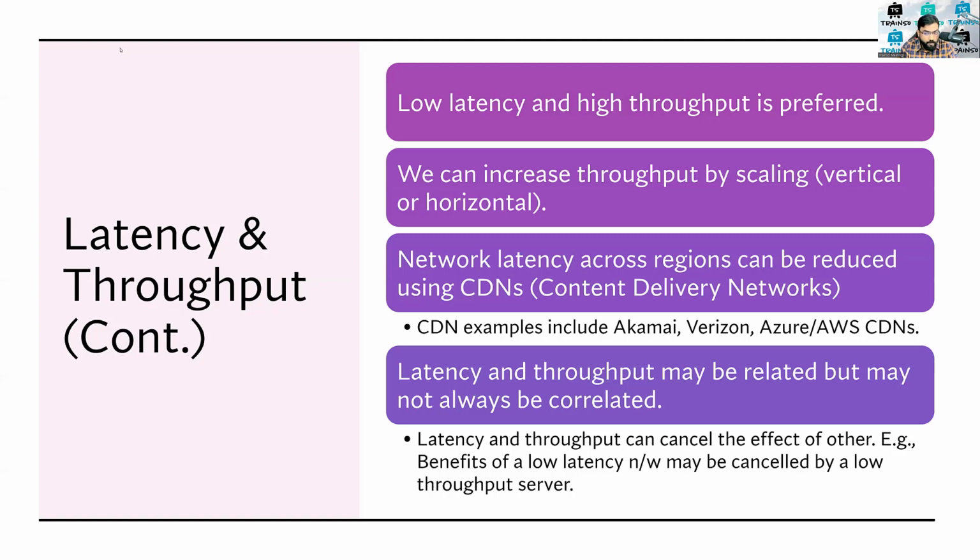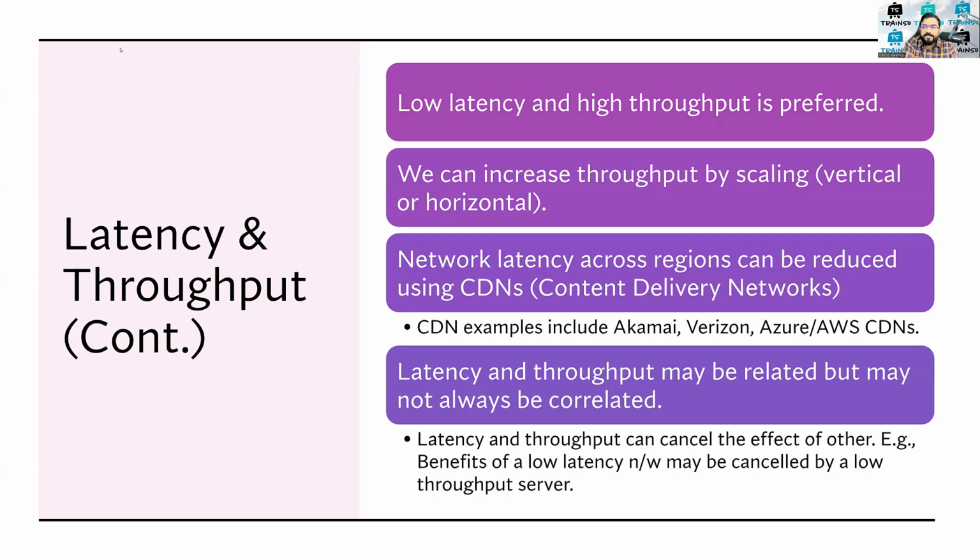And latency and throughput may be related, but may not always be correlated. So latency and throughput can cancel the effect of each other at times. For example, the benefit of a low latency network may be cancelled by a low throughput server. Imagine that I have a low throughput server, but I have a very low latency network.